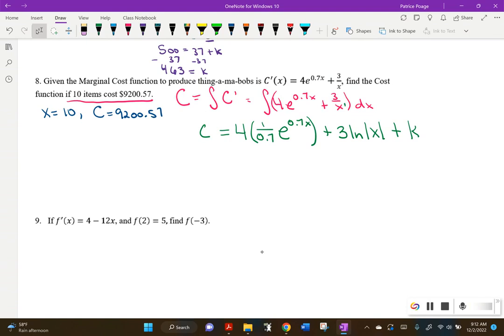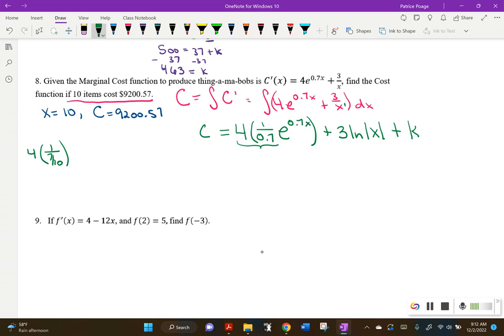Okay. So then this right here, you can type in your calculator, or well, that's not going to be pretty. Or you could think of it as 4 times 1 over 7/10.